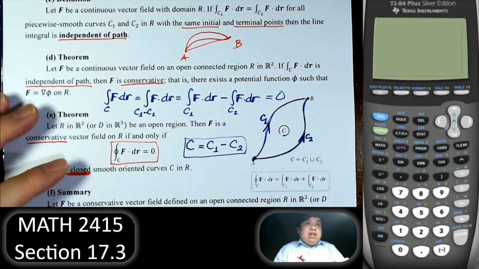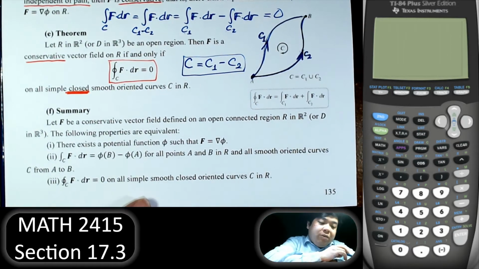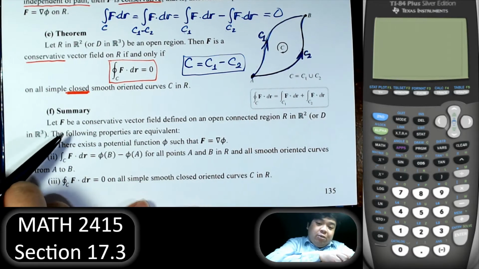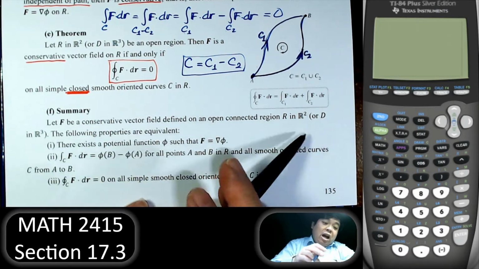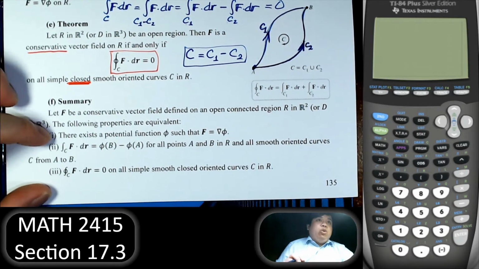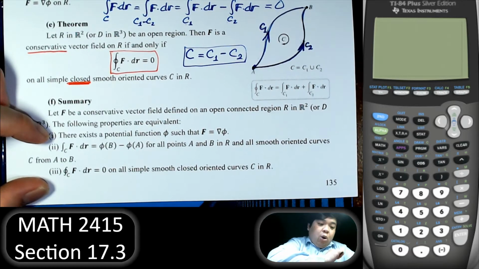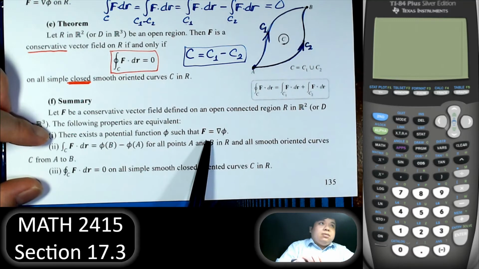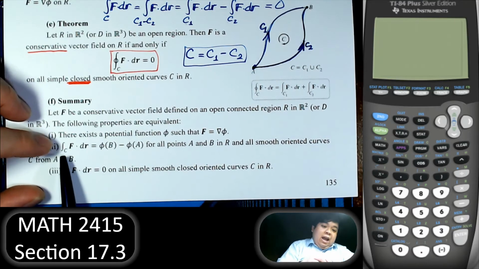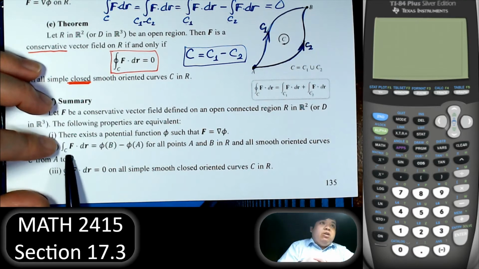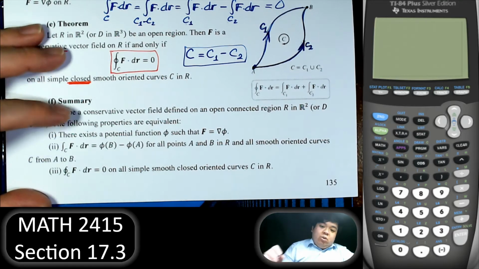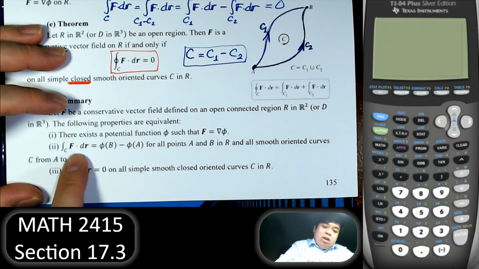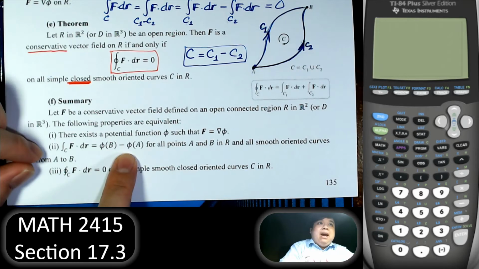Now to tie everything together, we have this. Let F be a conservative vector field either in R2 or R3. Then we have these three equivalent conditions. There exists a potential function, and then the fundamental theorem of line integrals. So this one is independent of path. When we write it like this, we mean it is independent of path.